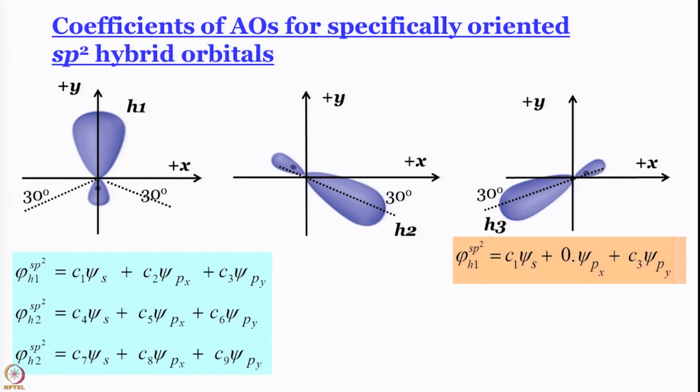Well, I have done it in a particular way on the slides, but let us just go by whatever we are discussing. So, this is 1 by root 3 C1, C2 equal to 0, and we know that for normalization C1 square plus C2 square plus C3 square must be equal to 0. So, 1 by 3 plus C3 square is equal to 0.